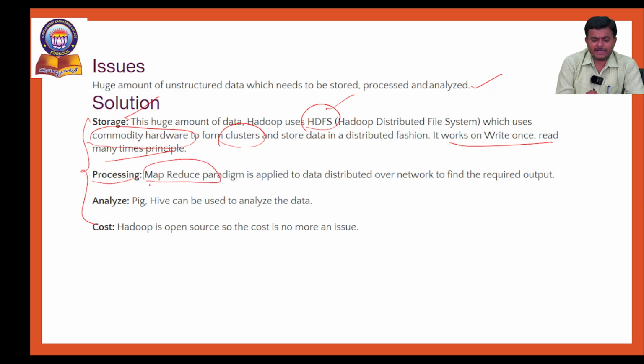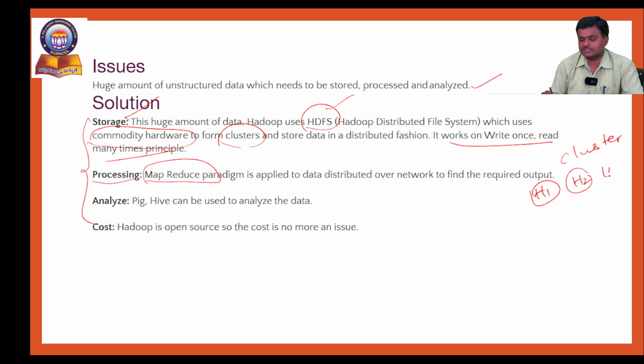Next, how you process the data. The MapReduce paradigm is applied to data distributed over a network to find the required output. As we said earlier, a cluster is formed with commodity hardware like system 1, system 2, system 3 and so on. The data is distributed across all these systems.